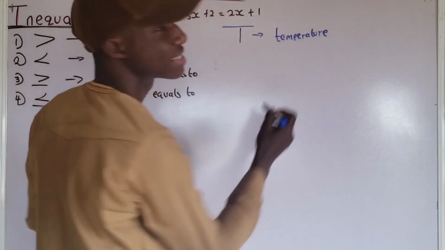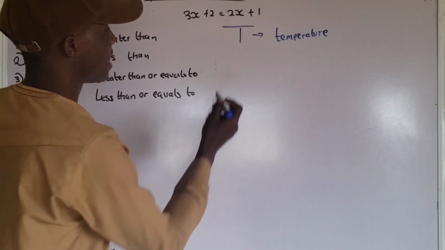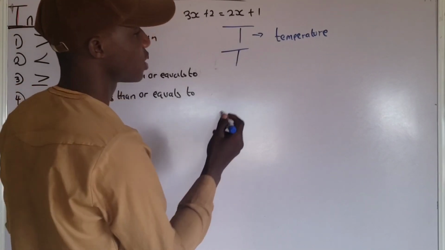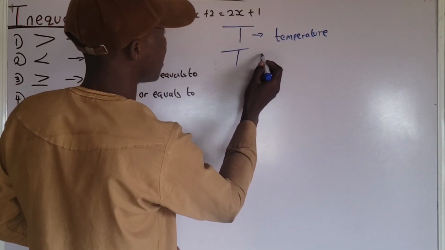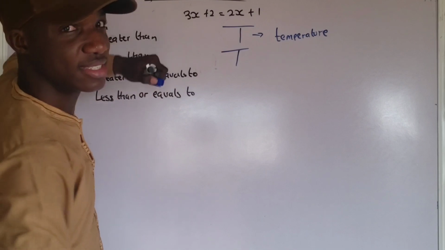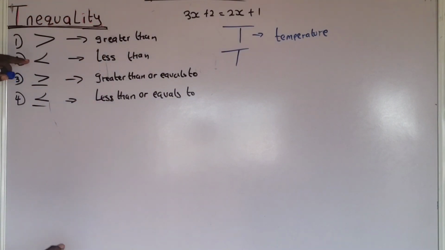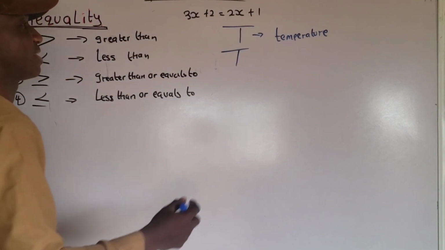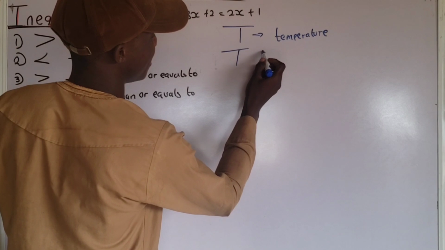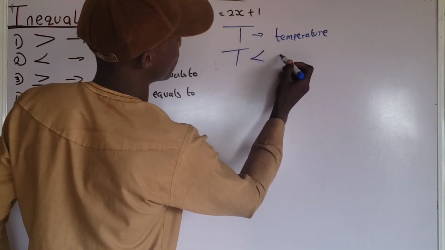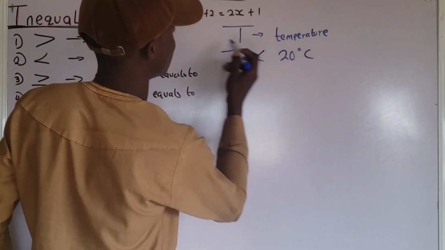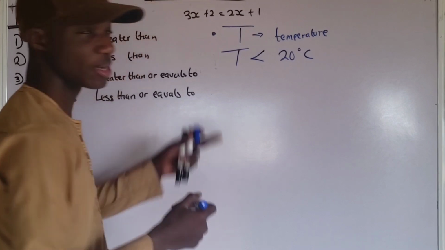Now, if I want to interpret that statement, that means that T, the temperature today, is less than, what is the sign for less than? This is the sign for less than, your left hand. Here, less than 20 degrees Celsius. So that is the interpretation.